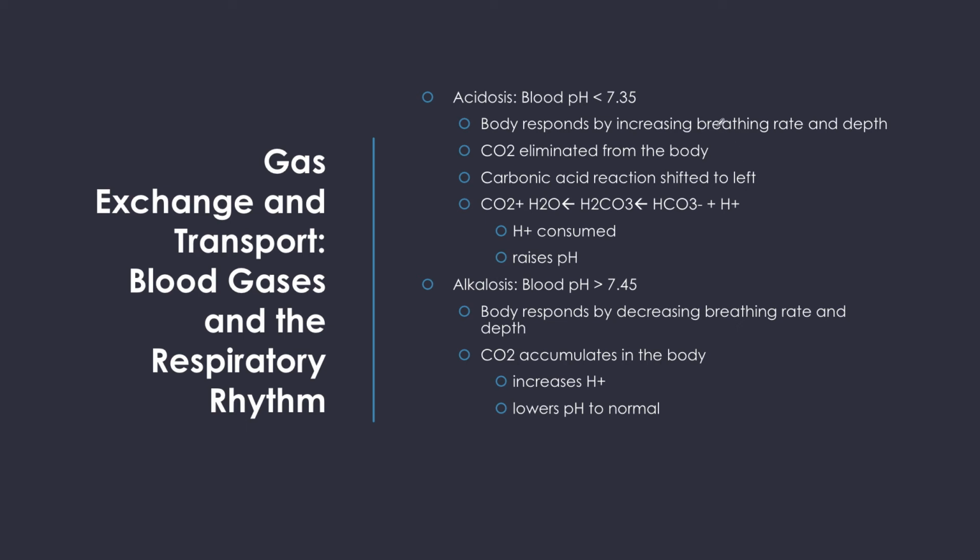So if you have too much acid in your blood, you're going to try and eliminate CO2 from your body to get rid of carbonic acid. So that sucks up protons, which are units of acidity, and raises pH. So you can think of increases in breath rate due to acidosis as trying to scrub protons from your blood.